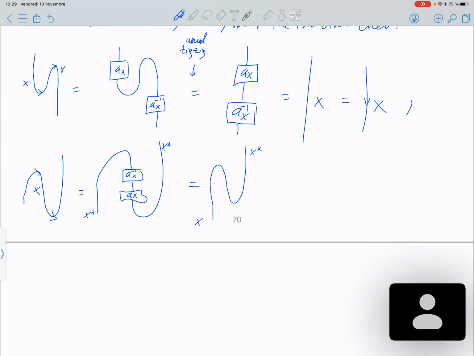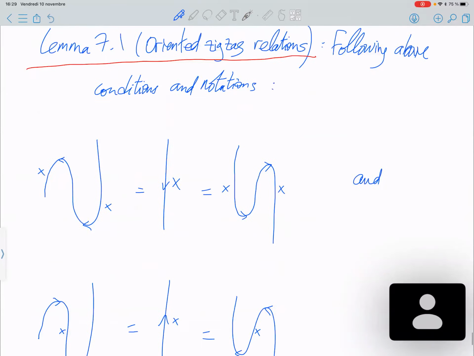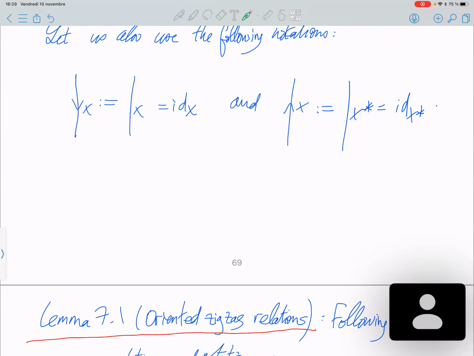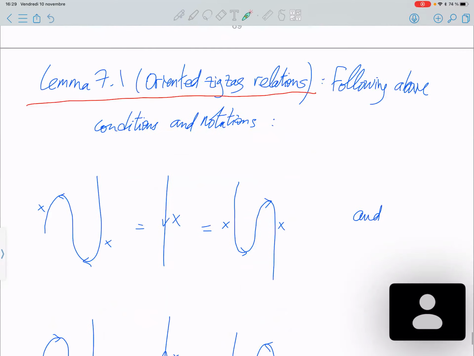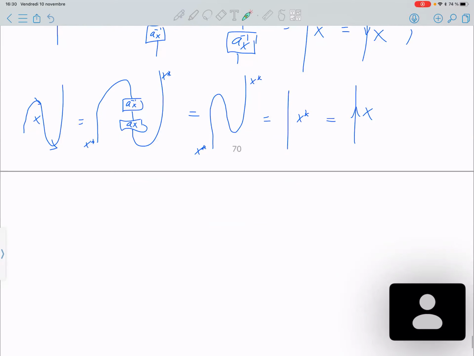X star, X star, which is the identity of X star by the usual zigzag relation, which is by the previous definition, the previous notation, like that. So everything works as expected.